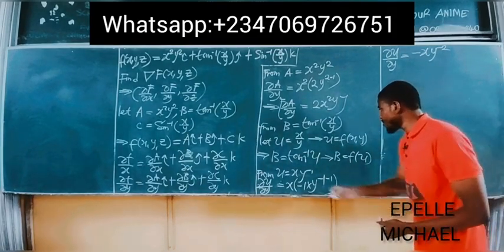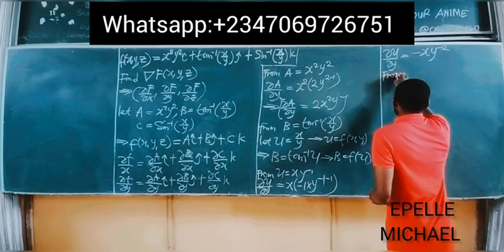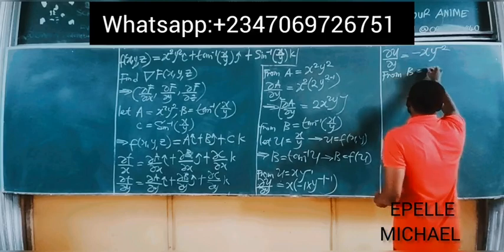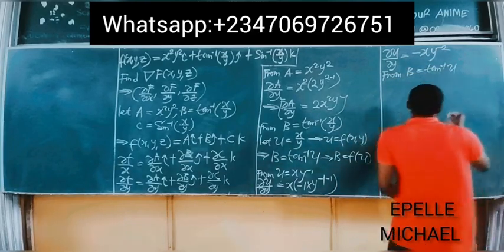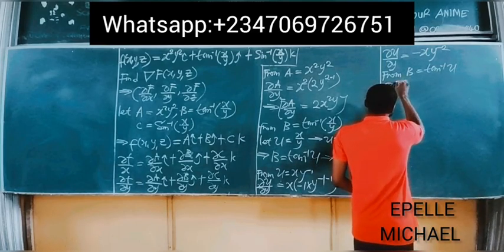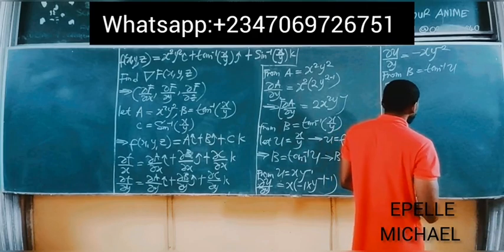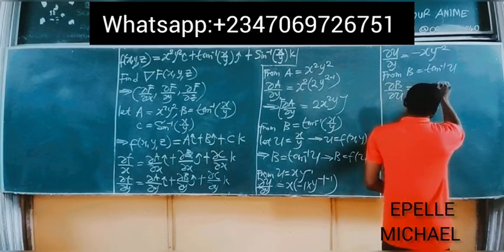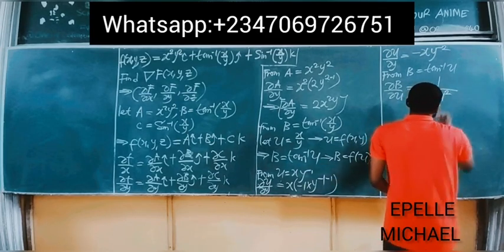Next is to differentiate b with respect to u. From b equals tan inverse of u, the partial derivative of b with respect to u, from inverse trigonometric partial derivatives, we are simply going to obtain 1 all over 1 plus u all squared.